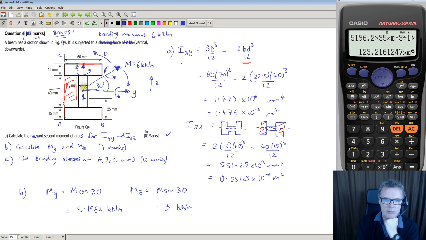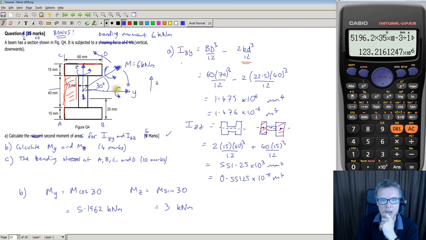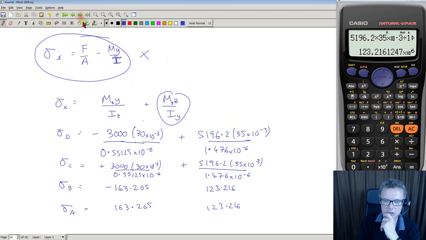So the first one I did was Z. So Z, so that means the first one, it's going in, so it's a compression. Here it's also going in for B, so it's compression.